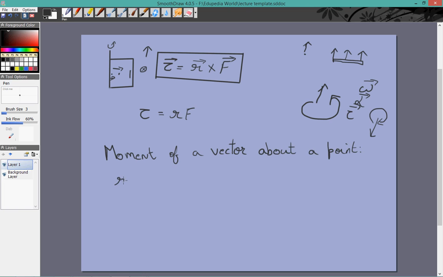And its definition is simply r cross v, where v is the vector. This doesn't stand for velocity, this stands for an abstract vector. Actually, it'd be better if I use an abstract name, so I'll just call it the vector A. Right? So these are my three coordinate axes, right? X, Y, and Z.